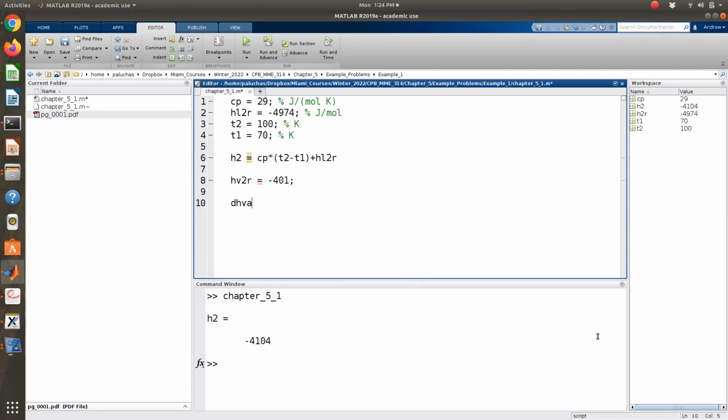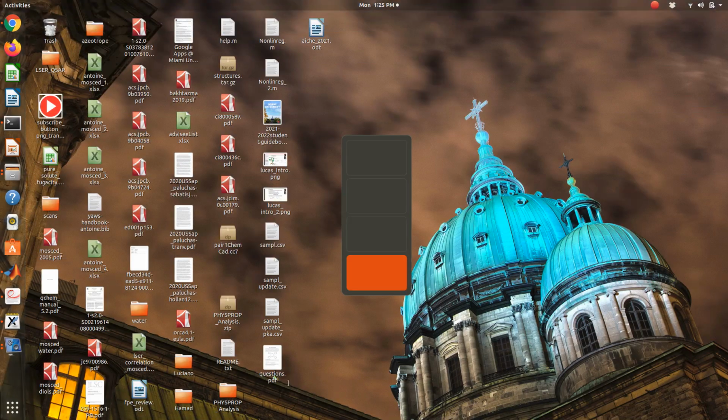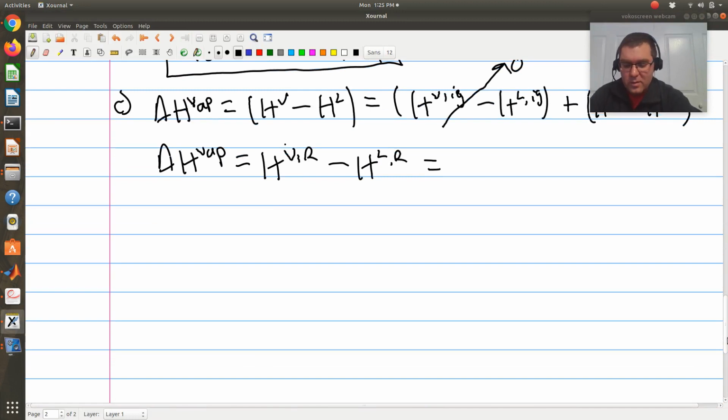So delta H of vaporization is the enthalpy of my vapor minus the enthalpy of my liquid. There's no need for a reference state, since we're taking a difference and it would cancel. Furthermore, the ideal gas term is zero, because for an ideal gas enthalpy is only a function of temperature, and the liquid and vapor are at the same temperature. So we get delta H of vaporization of 4573, and it's positive, just like we would expect.